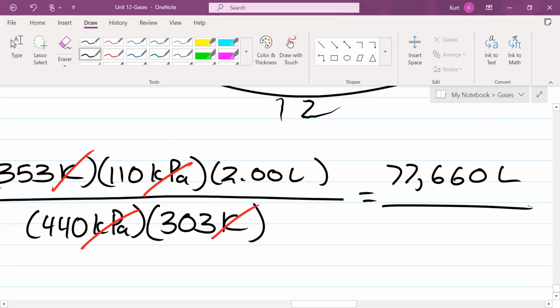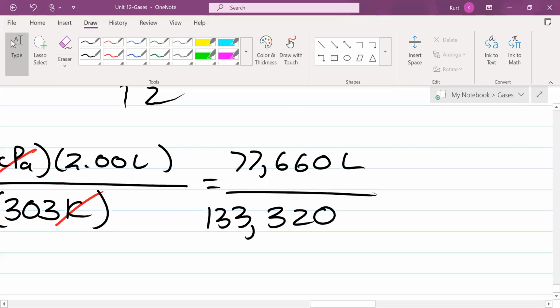440 times 303 is 133,320. I then do 77,660 divided by 133,320, and I have 0.58 liters. Did you get that?